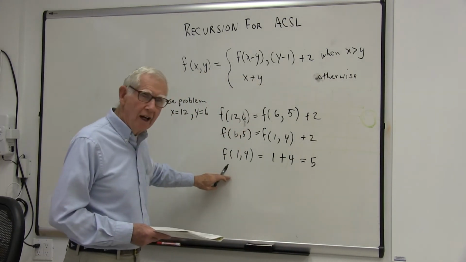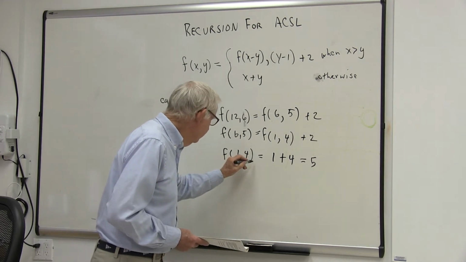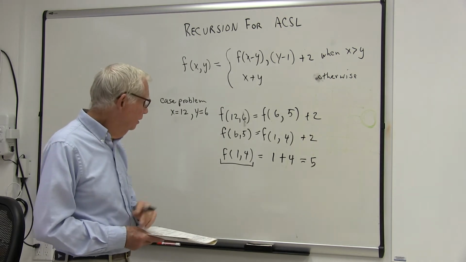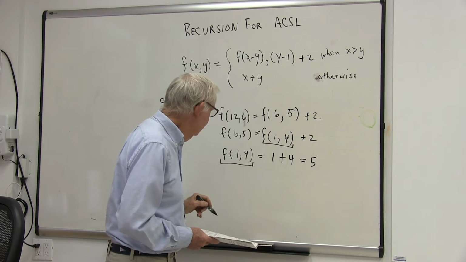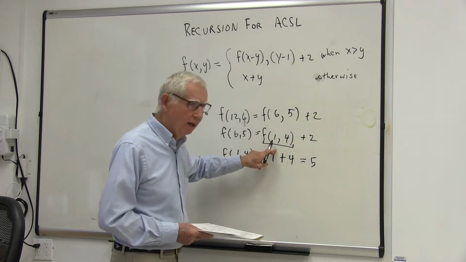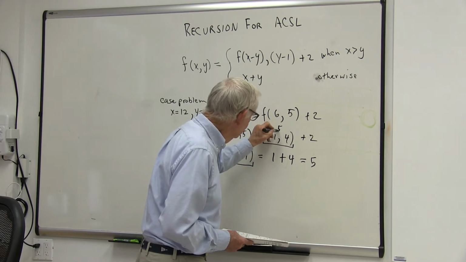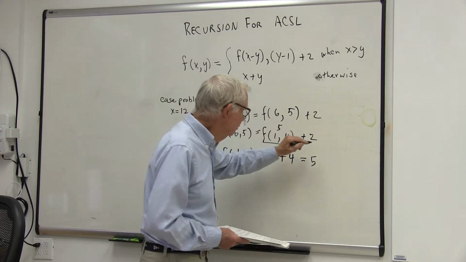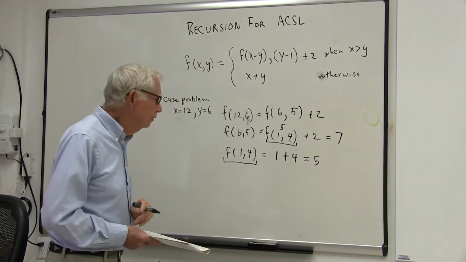I'm on my third step. Now, since I now know what the function 1, 4 is, I can substitute that into here. You see, 1, 4 is 5. Okay? So if I substitute 5 in for this, 5 plus 2 equals 7. Okay?